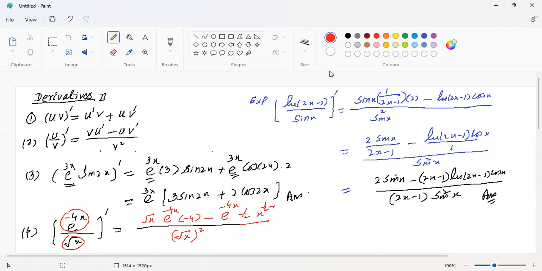Now we are simplifying this. How to simplify this expression? First of all, write the denominator as it is, because the square and the square root will be cancelled. And keep this the same, but e power minus 4x can be taken as common.